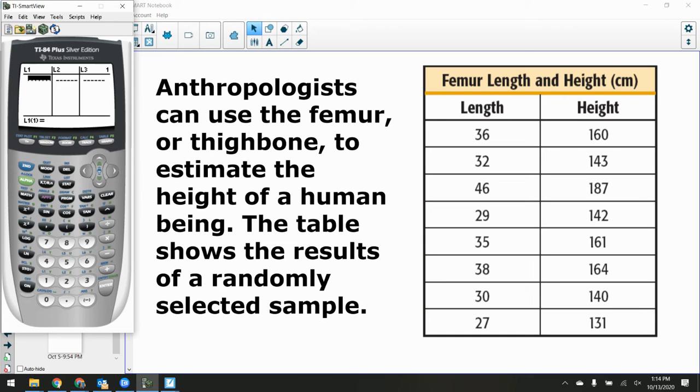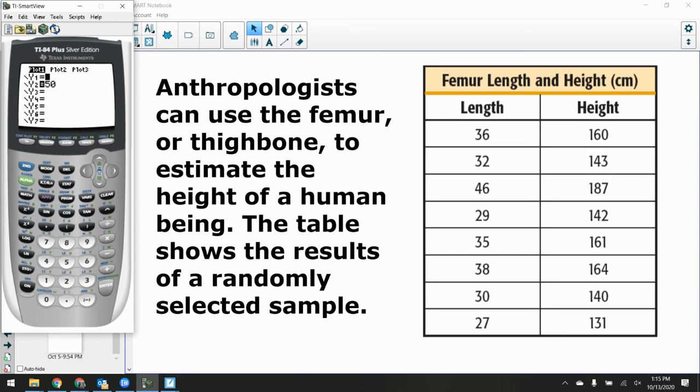Then let's input our data. Let's graph it. It doesn't tell us to do the scatter plot, but let's graph the scatter plot.